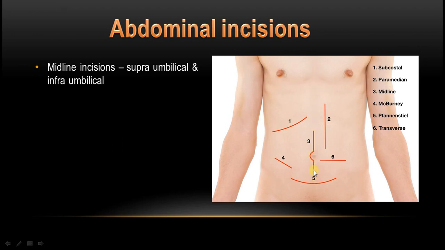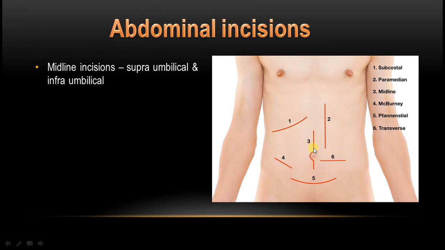Midline incision. The midline incision is usually above the umbilicus and below the umbilicus. Okay, supra-umbilical or infra-umbilical, but not exactly passing through the umbilicus. It should be around the umbilicus, if at all you are going to do the peri-umbilical region. Midline incisions are actually called median laparotomy, opening of the peritoneal cavity.